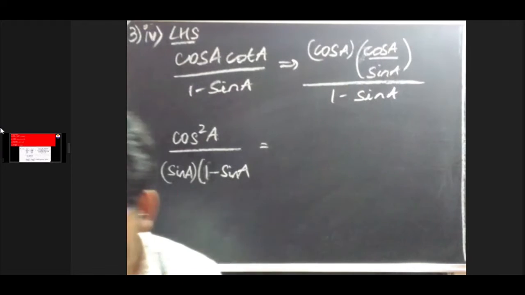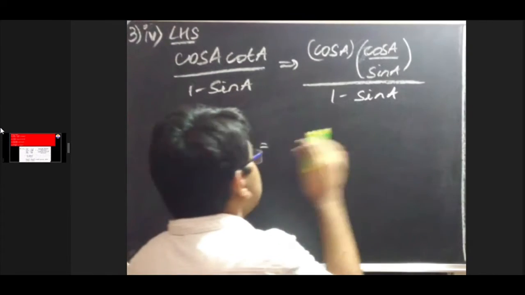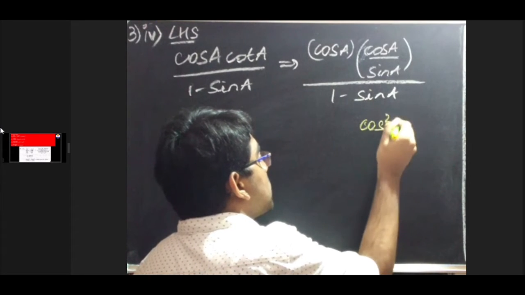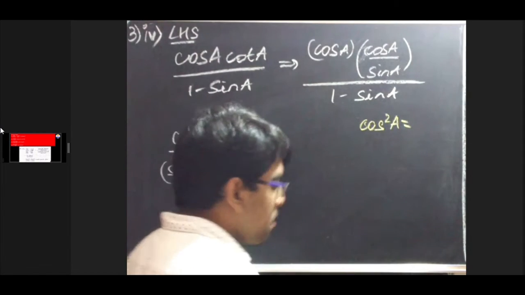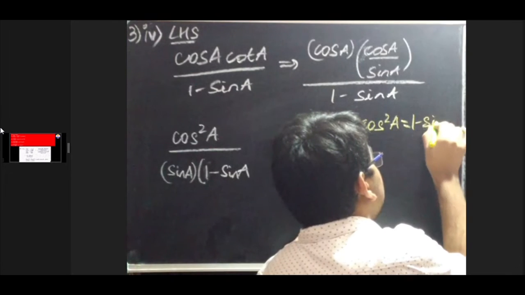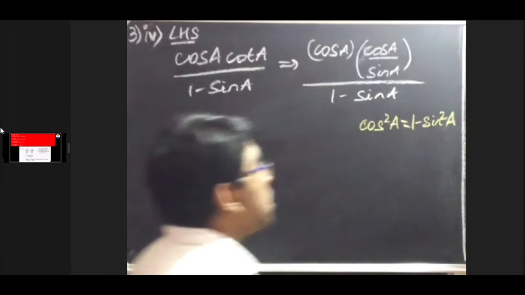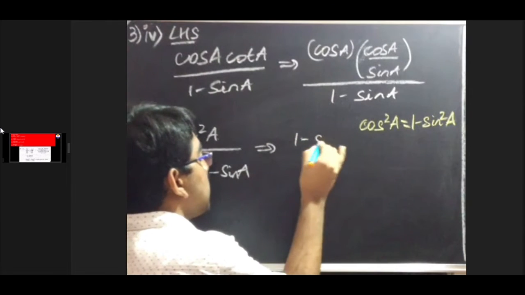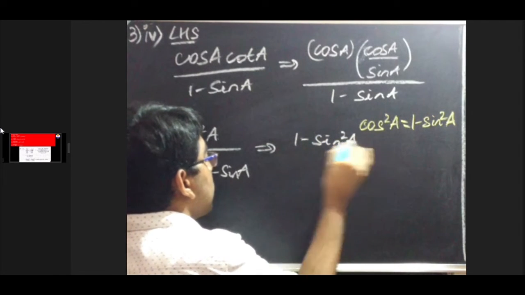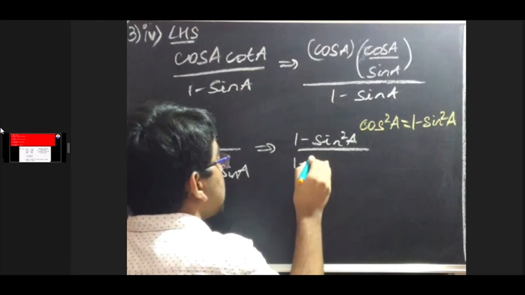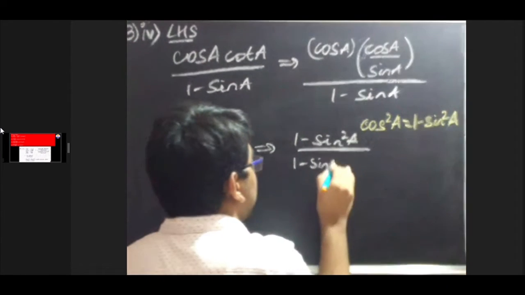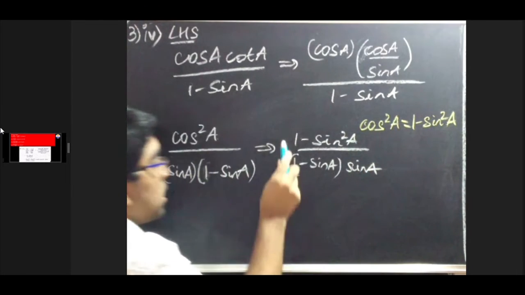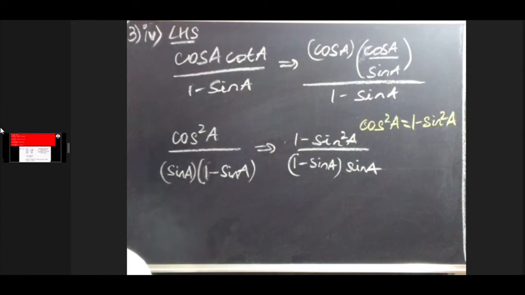So here cos square A can be written as 1 minus sin square A, which implies (1 minus sin square A) divided by (1 minus sin A) into sin A. So it is in the form of a square minus b square.